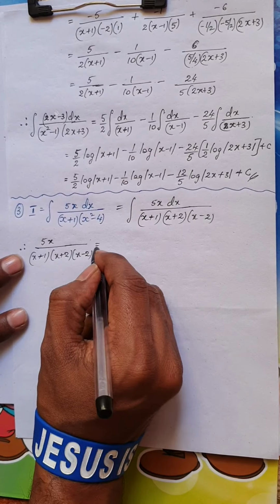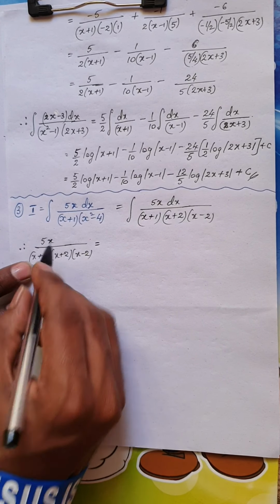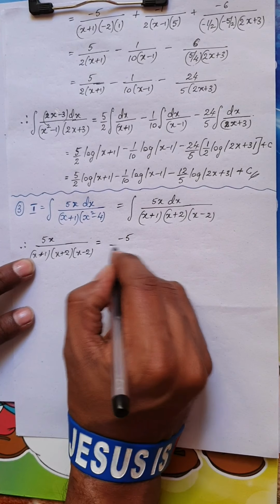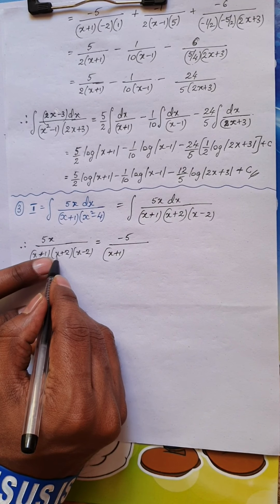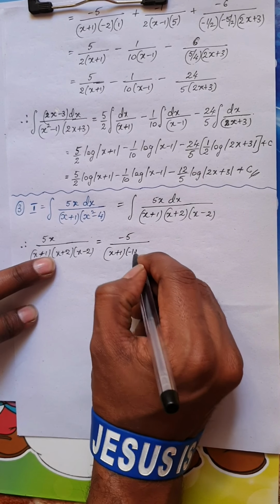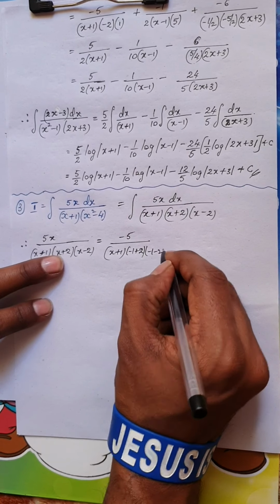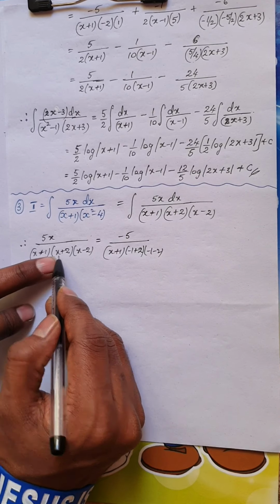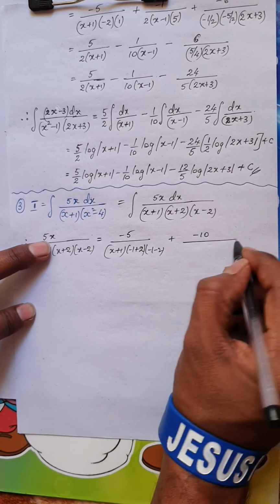Okay, so this can be written as we do it in all the other previous steps, is a linear factor. Put x is equal to minus 1, I will get minus 5 divided by, here I will keep this factor as it is. So you put x is equal to minus 1, you will get minus 1 plus 2, and minus 1 minus 2. Okay. Similarly, for the second factor, I will put x is equal to minus 2. So this becomes minus 5 into 2 would be minus 10. Okay.